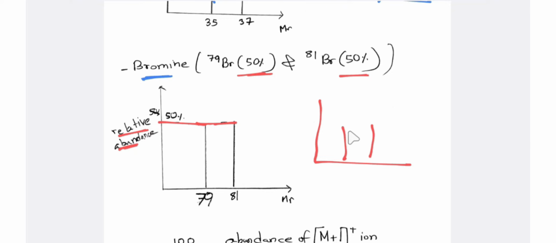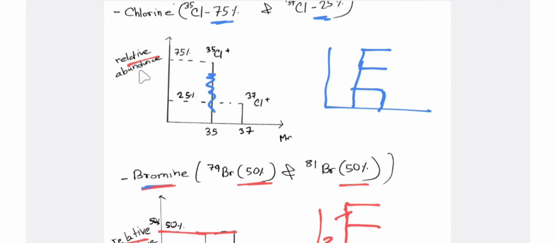Now suppose one line is 1/3 times the bigger line. So here we can see that the big line is 3 times the small line. This indicates the graph of chlorine, that is 75% and 25% chlorine.